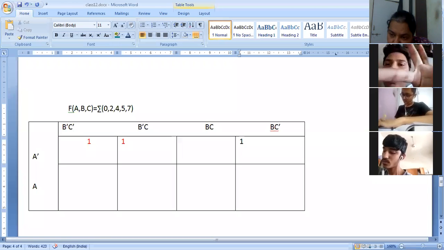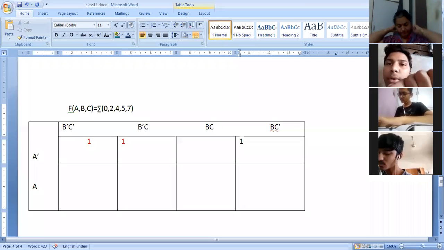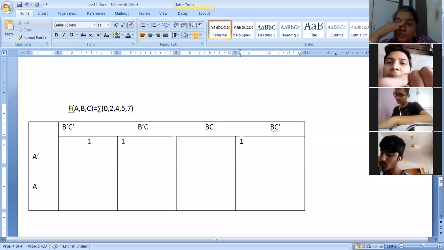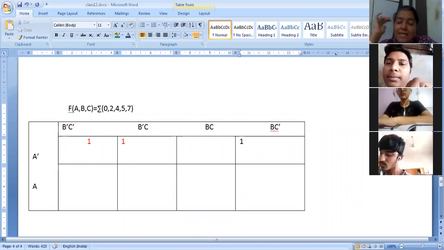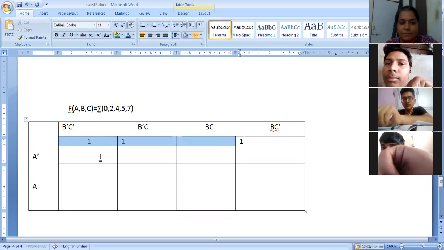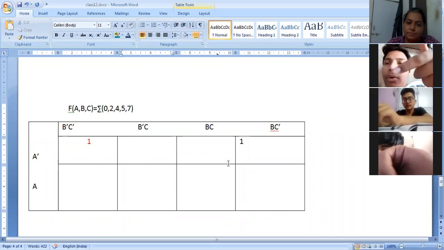Wait, madam, take time, don't worry. Others will also tell me. For 4, we will put one at AB'C'. See, place number 1, 2, 3, 4, 5, 6, 7, 8. This is cell number 1, 2, 3, 4 and this is 5, 6, 7, 8. Tell me where to put 1: 0, 2, 4, 5, 7.